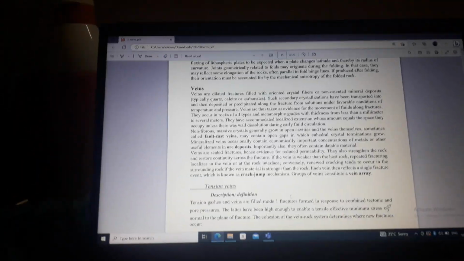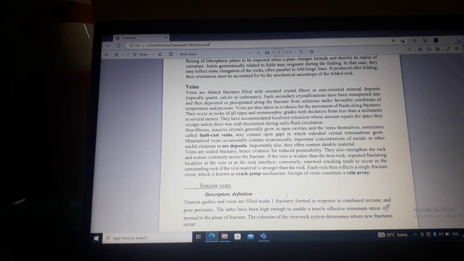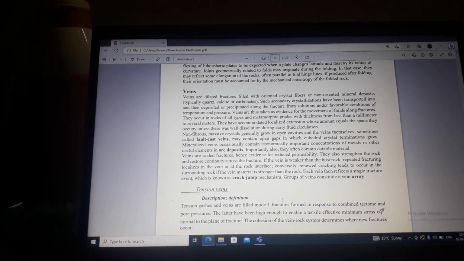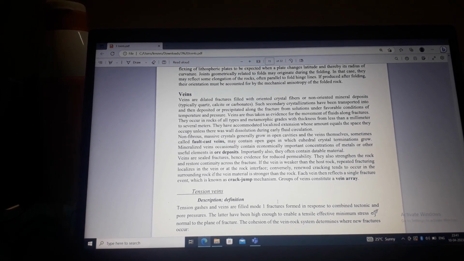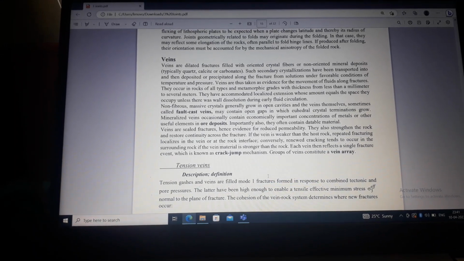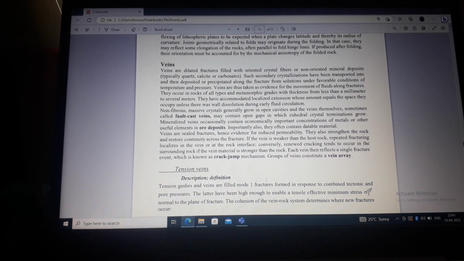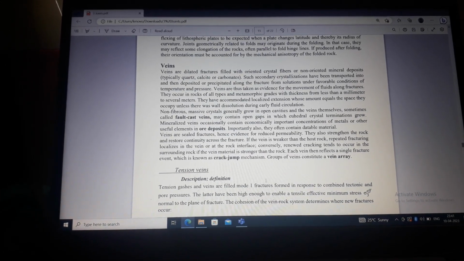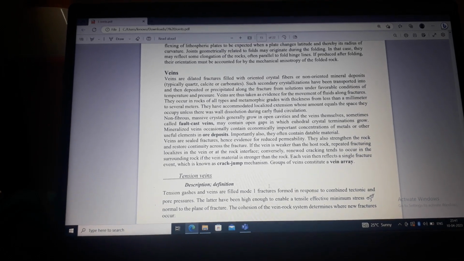Veins. Veins are dilated fractures filled with oriented crystal fibers or non-oriented mineral deposit, typically quartz, calcite, or carbonates. Non-fibrous massive crystals generally grow in open cavities, and the veins themselves, sometimes called fault cast veins, may contain open gashes in which euhedral crystal terminations grow.